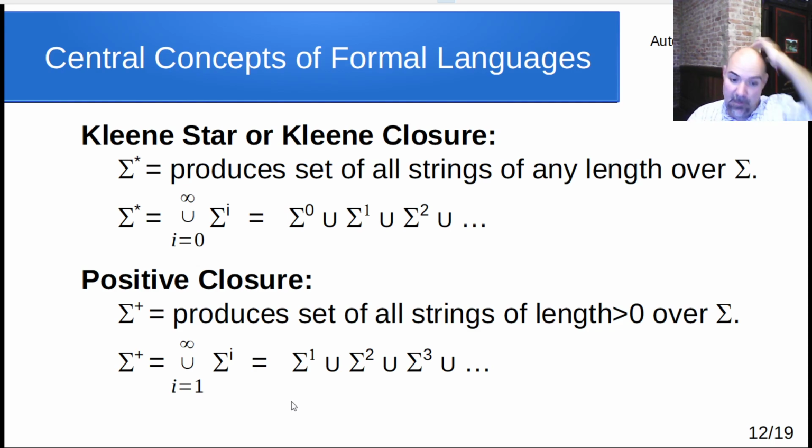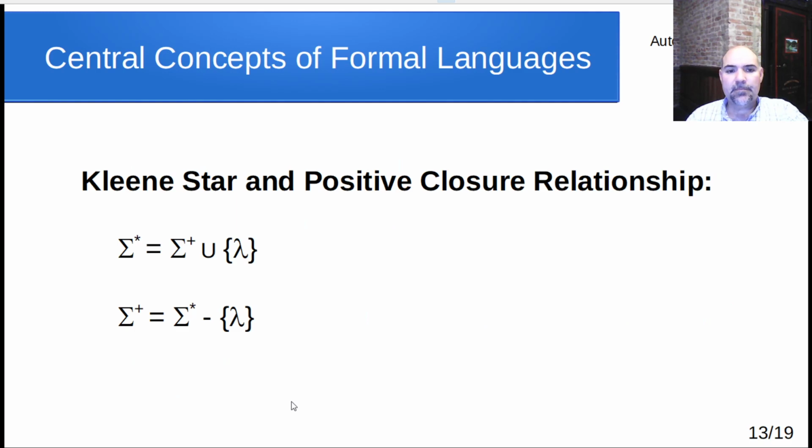Okay, so now we're up to a point where we are almost ready to define a language. One other thing to notice is that if we think about the relationship between those, the only difference is the inclusion of lambda. So alphabet star is the same as alphabet plus union with lambda. So in other words, if we take all of them except for lambda and we add lambda to that, we now have the star version.